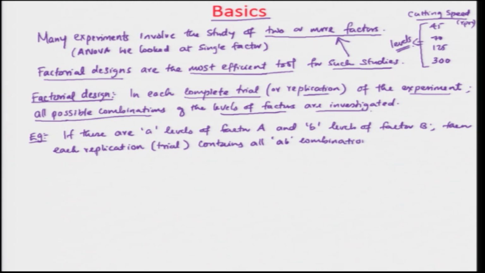Okay. So, this is what the factorial is about. If you have A levels of a factor and B levels of another factor, then each replication will have all the AB combinations of the factors to study.